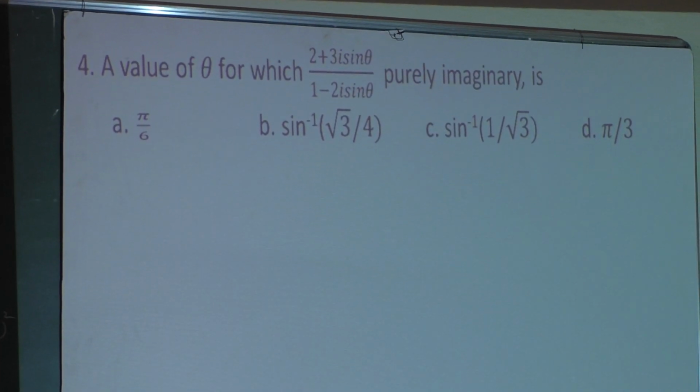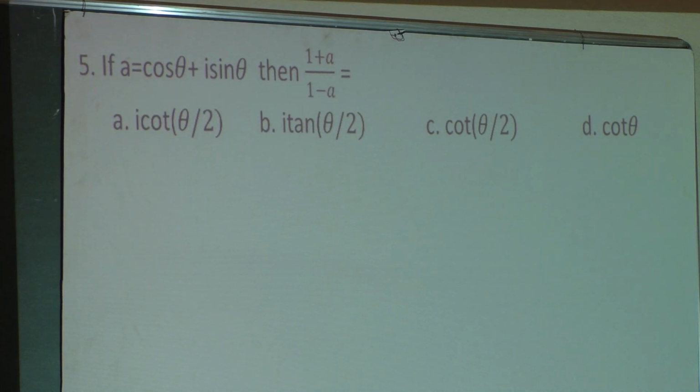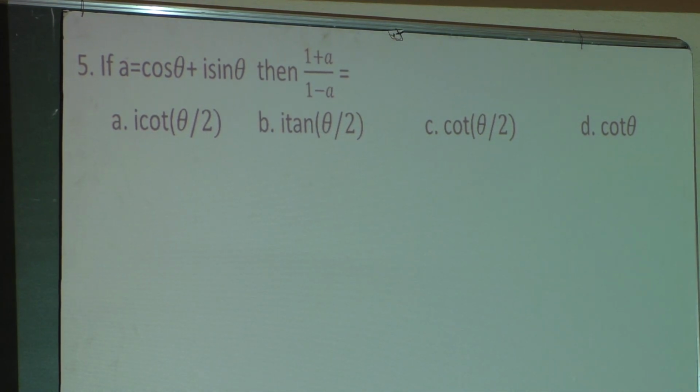Next one. If A is equal to cos theta plus I sin theta, then (1 plus A) divided by (1 minus A) is equal to.